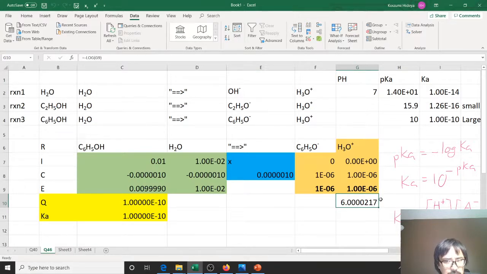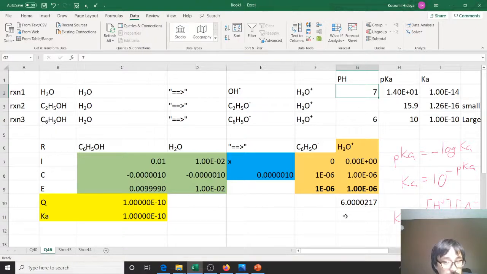So that's a pH. So pH of, what was this one again? I forgot. Go back to the video before I forget about that one. So that's pretty much what I have for this one. This one has the high pH value, this one has a low pH value, and this one has a medium pH value.